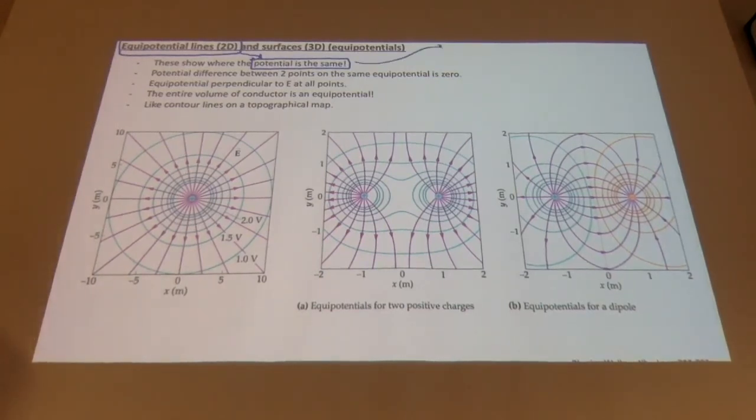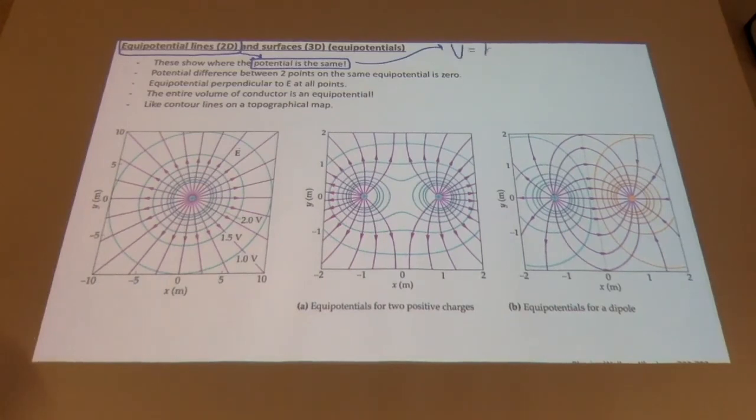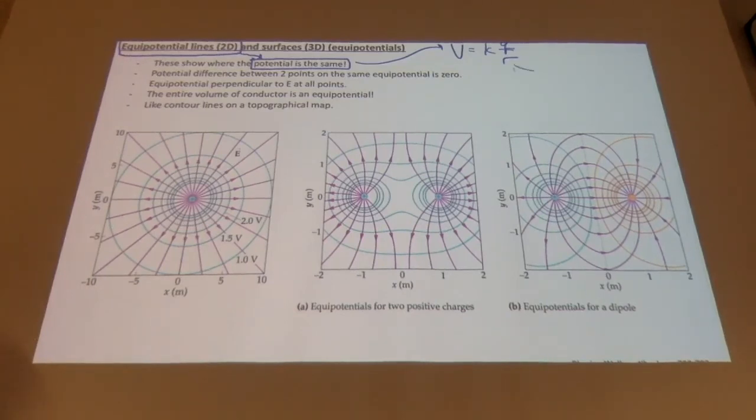So if you go back and look at our equation, V is equal to K Q over R, well, if I'm dealing with a certain charge, the potential will be the same if R is the same. If you're the same distance away from a charge, everywhere that I'm the same distance away, I'm going to get the exact same value for the potential.